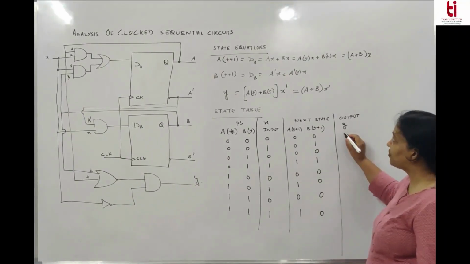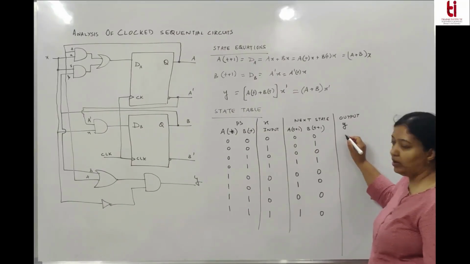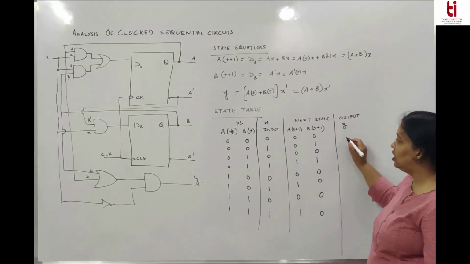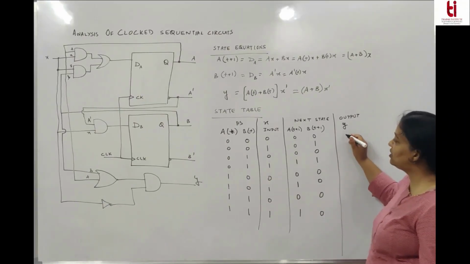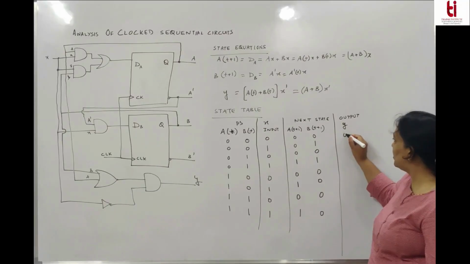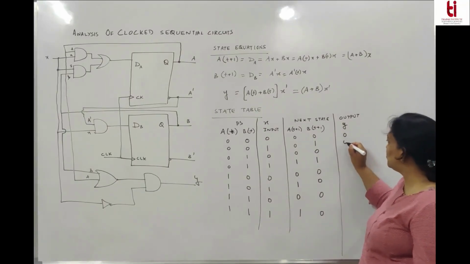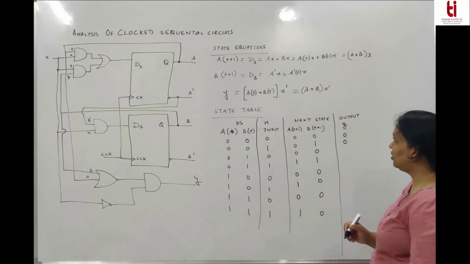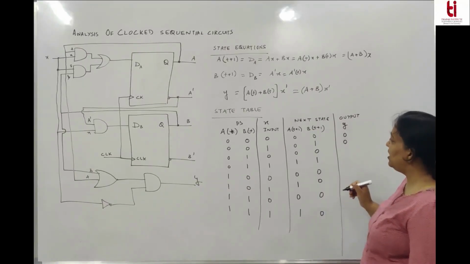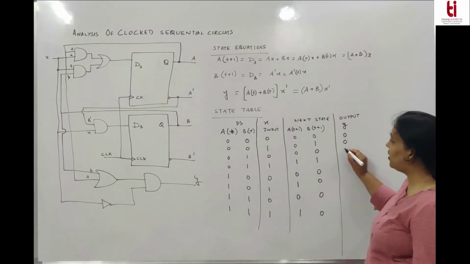And what is Y? Y is (A or B) and with X bar. So here X bar is 1, A or B is 0, so Y is 0. A or B is 0, so Y is 0. There is no need to think about X bar. A or B is 1, then what is X bar? 1.